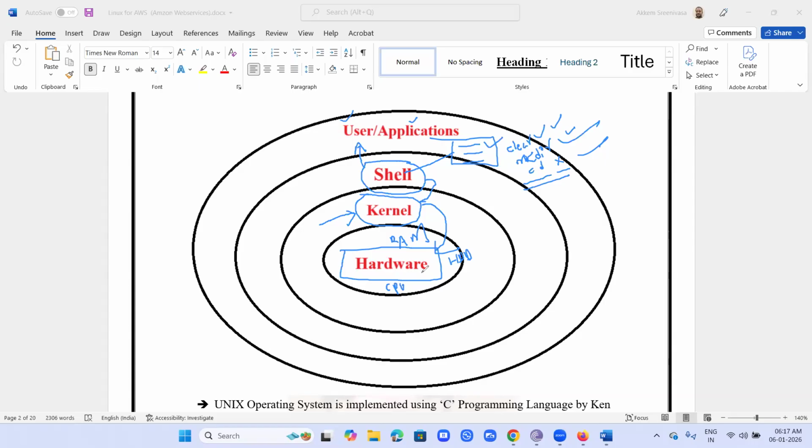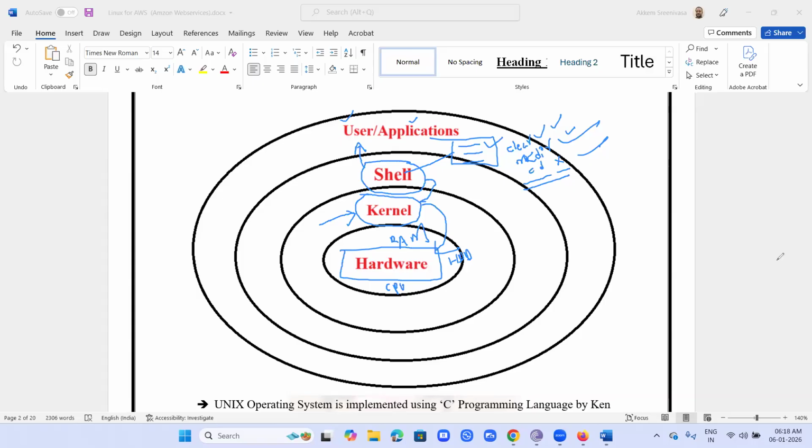So the shell is an interface between the user or application and the kernel. It will take input from the user or application and convert it into kernel understandable format. Then the kernel is responsible to execute the corresponding action by interacting with the corresponding hardware system.